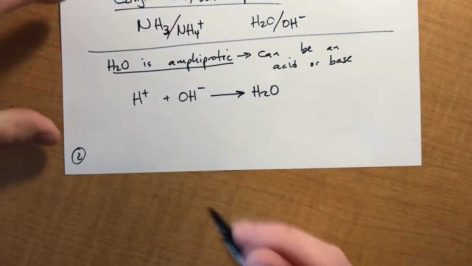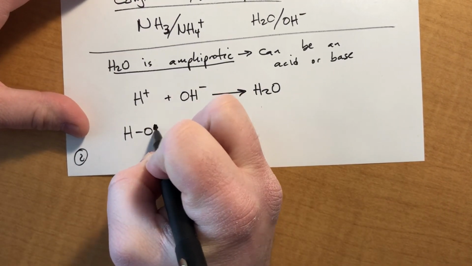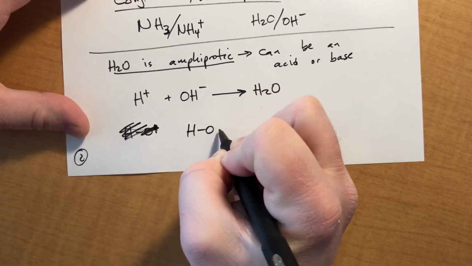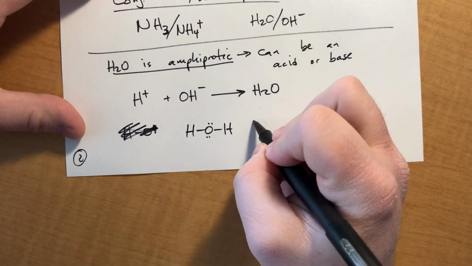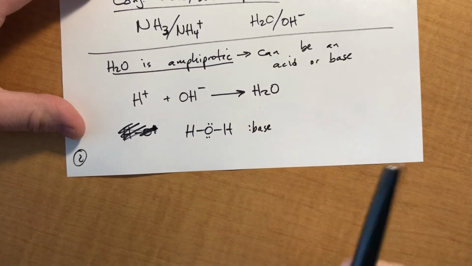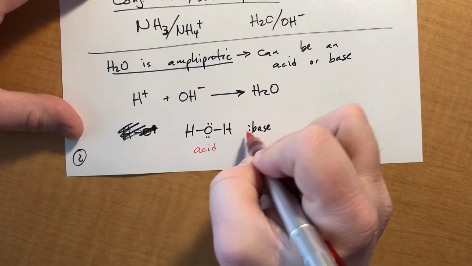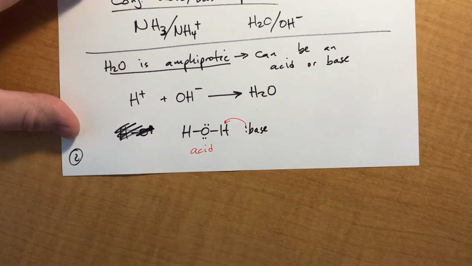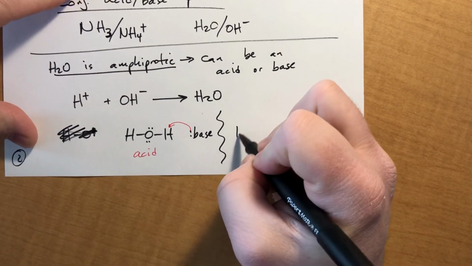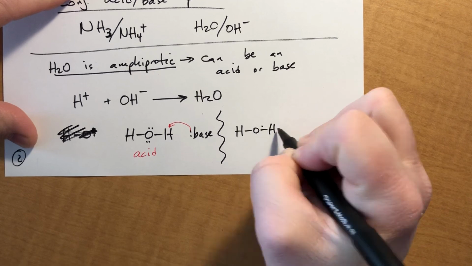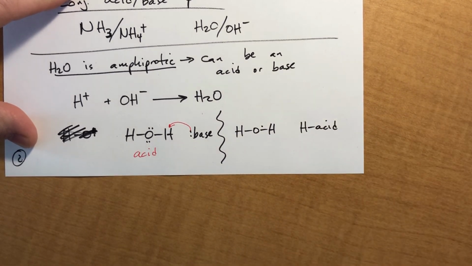Another way to visualize that, let's try that again. I'm going to keep drawing water like this. If you have a base nearby, a base will usually have a lone pair. The water is going to act as an acid because the base is going to steal one of the hydrogens. If you have water in the presence of an acid, acids usually have H's, so I'm just going to draw the H part.